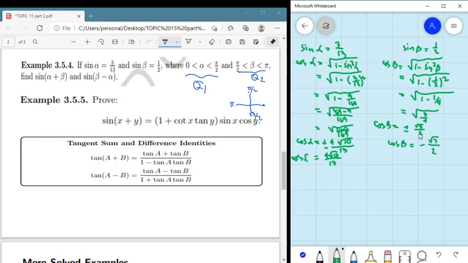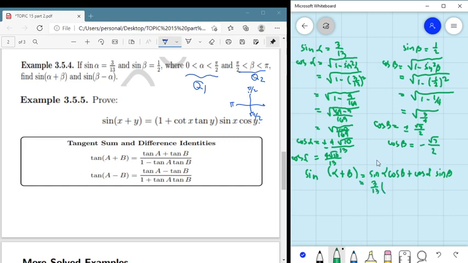Okay, so since we have already sine alpha, cosine alpha, sine beta, and cosine beta, kompleto na ta. So therefore, we have sine alpha plus beta is equal to sine alpha cosine beta, positive, plus cosine alpha sine beta, which is equal to 3 over 13.